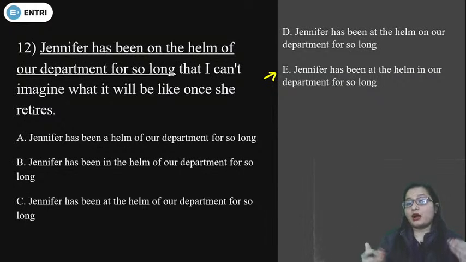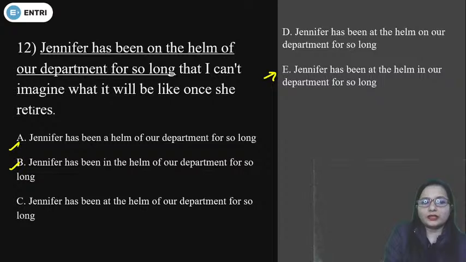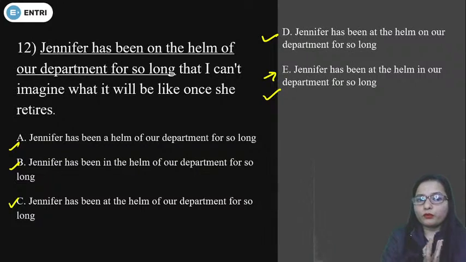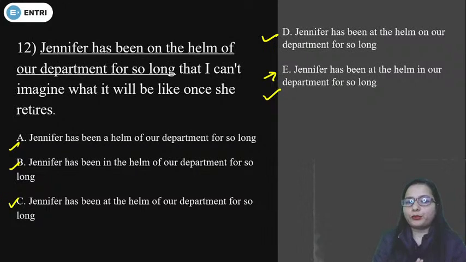How can you make it better? How can you make it correct using these options? Please comment in the comment box what would be the suitable or appropriate option for the 12th question.